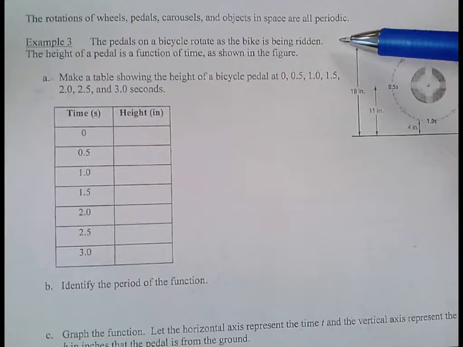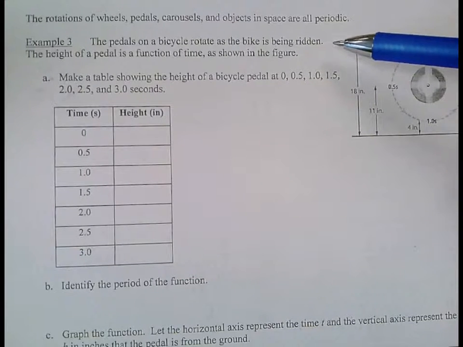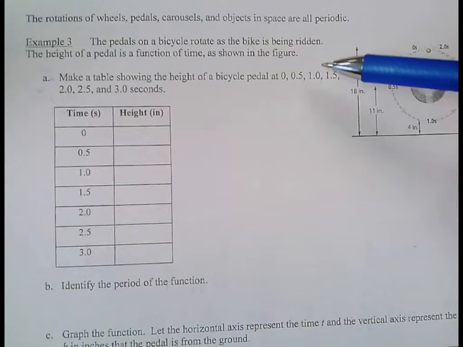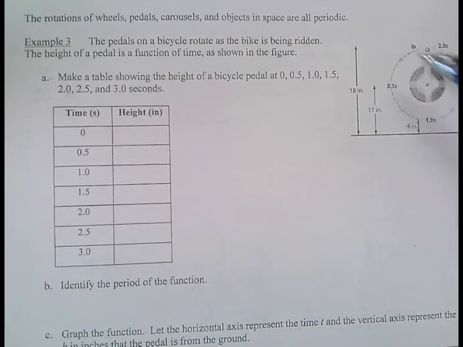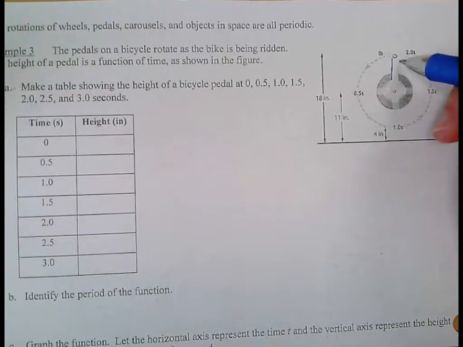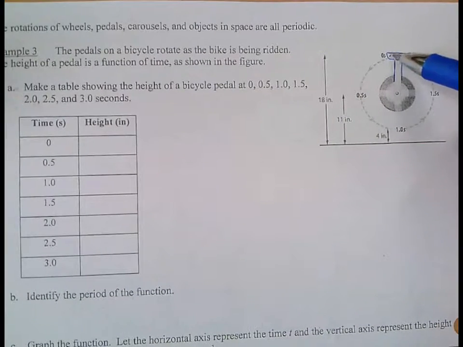But the pedals on a bicycle, for example 3, rotate as the bike is being ridden, and the height of a pedal is a function of time as shown in the figure. This didn't copy very well, but this is a bike pedal here.